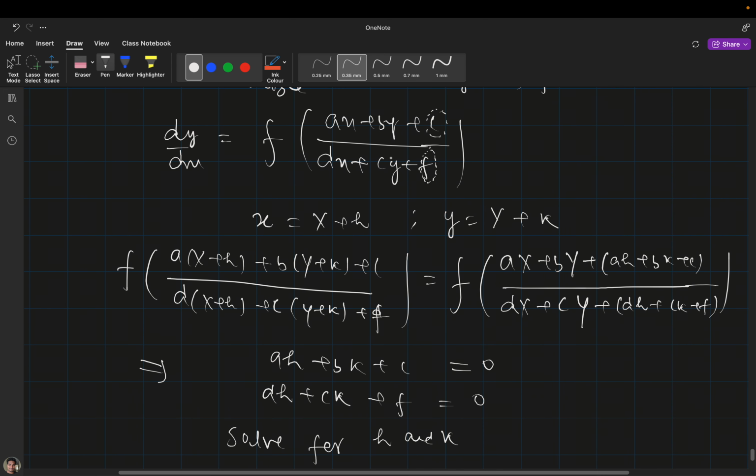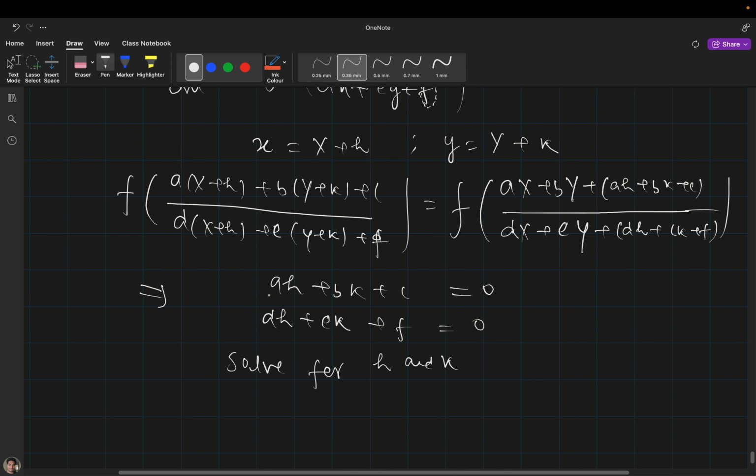You can see that a, b, c, d, e and f are constants that you will get from the differential equation, but here h and k are variables. So I will make this residual 0.